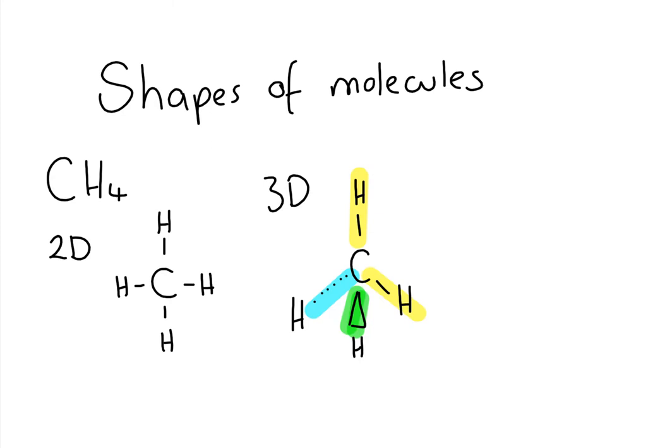So this is just a way of representing molecules in a 3D shape. So when you're asked to represent molecules as a 3D structure, you do need to take into account that some of the bonds may be coming out of the page, some might be going back in, so we need to represent them as such.